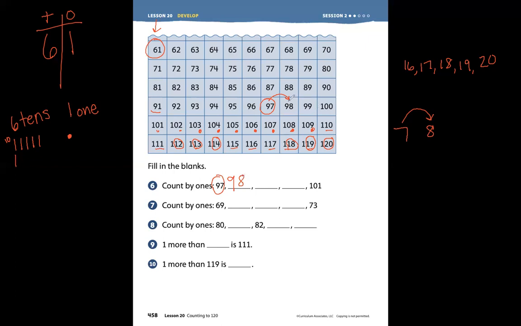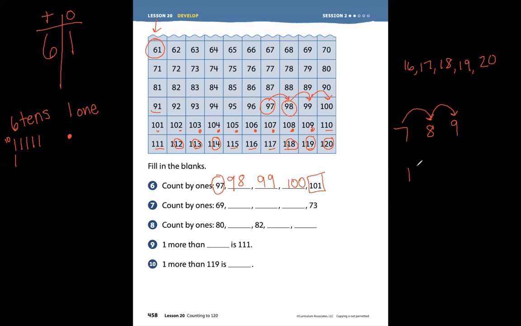What comes after 98? Adding one more, right? What comes after 8? 9. So 98, 99. Then what comes after 99? 100. What is this number right here?